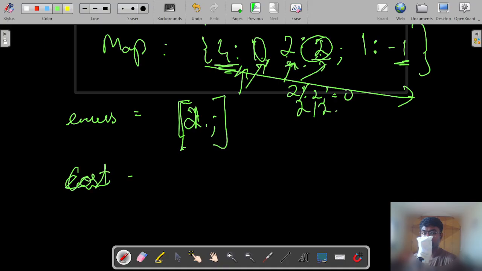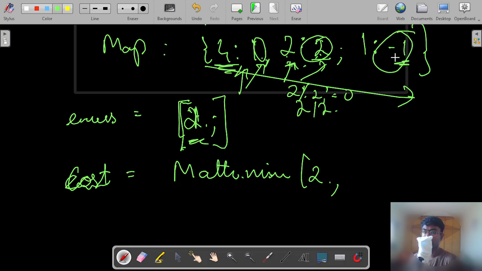Once we have that, we can sort this and we can calculate the cost. Once we have this excess value, we can calculate the cost with math.min of excess of I, that is this value 2 that can be swapped with any of the minimum value. This is the only value that is containing minus 1 deficit, right?